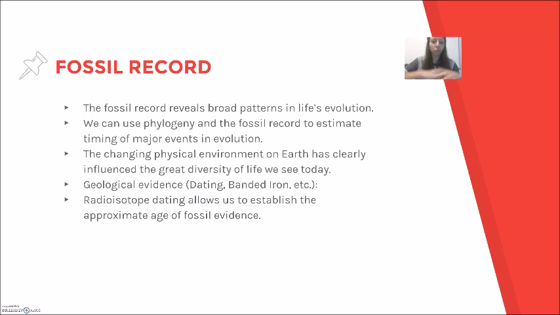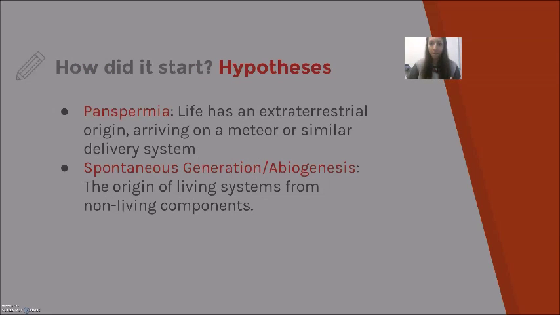At one point, we'll have a huge explosion of oxygen, which changes a lot for many organisms on Earth. And so we use geological evidence, such as radioactive dating and banded iron patterns. Radioisotope dating allows us to establish the approximate age of our fossil evidence. So this is really useful, especially when we have degrading matter.